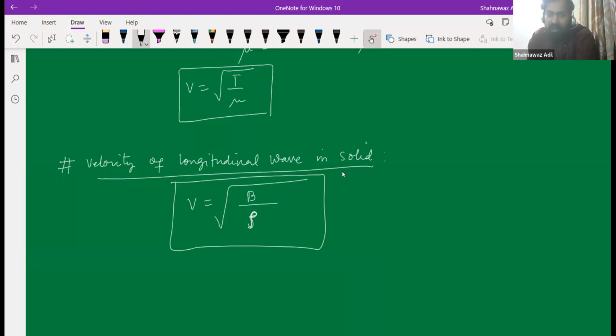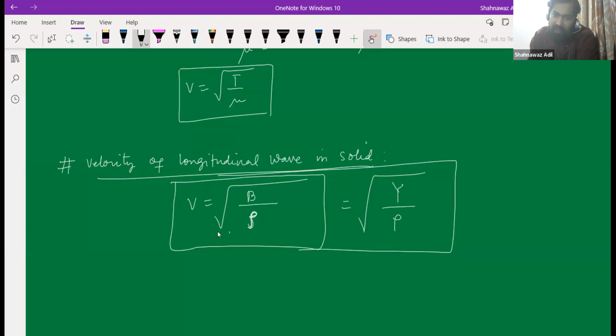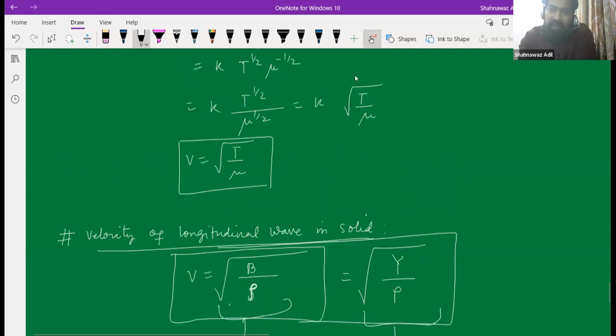If we are talking about a linear solid, that would be root of gamma by density. This is for bulk solid, and this is for linear solid. These are the things that we have to remember.